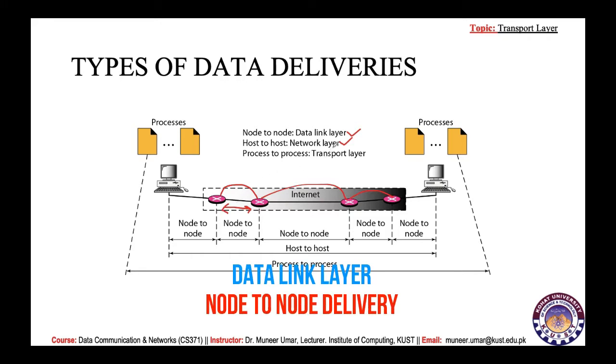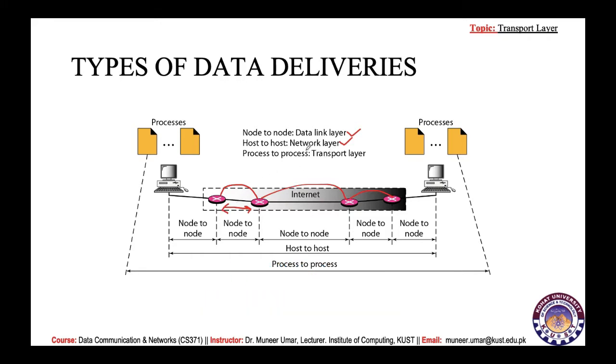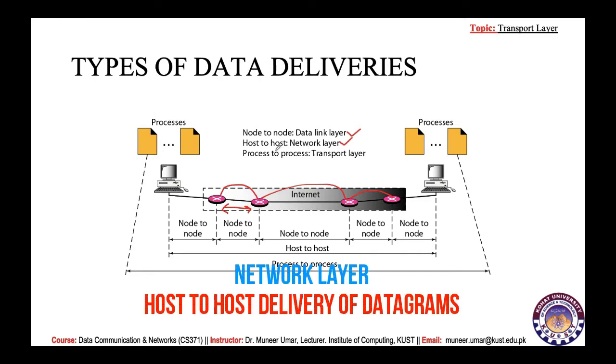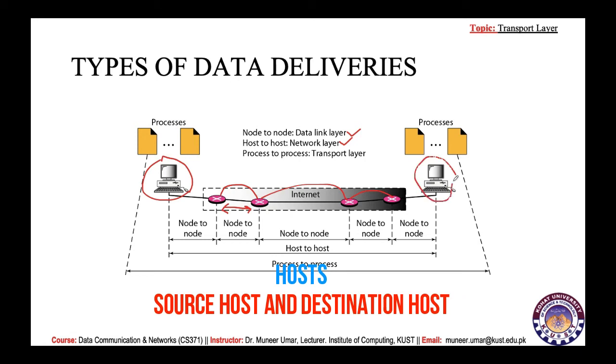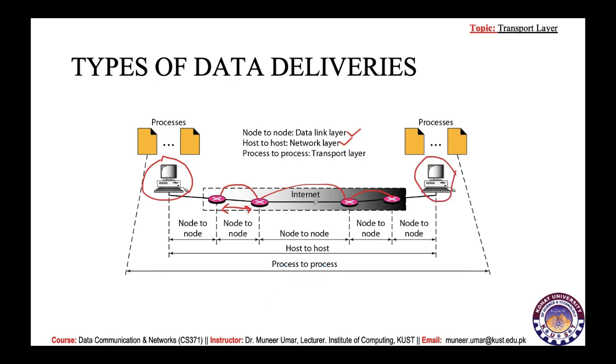The network layer is responsible for delivery of datagrams between two hosts. Here we have the source host, and on the other side we have the destination host. In between we have some routers or hops.